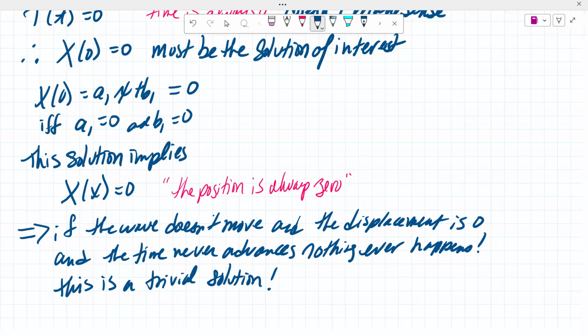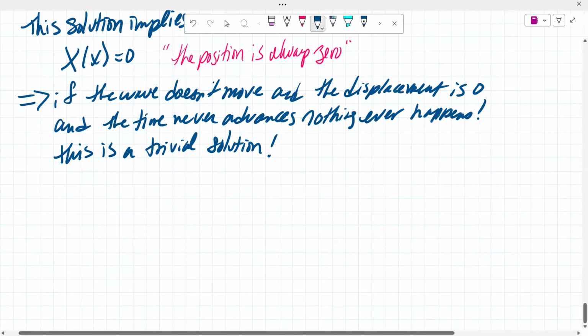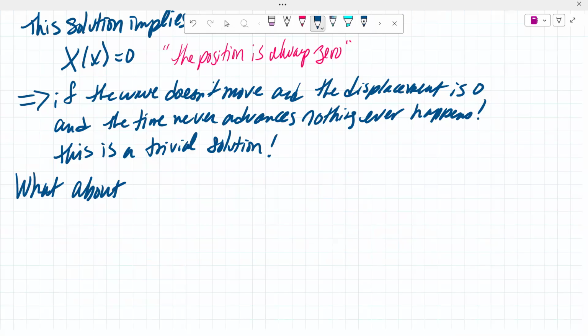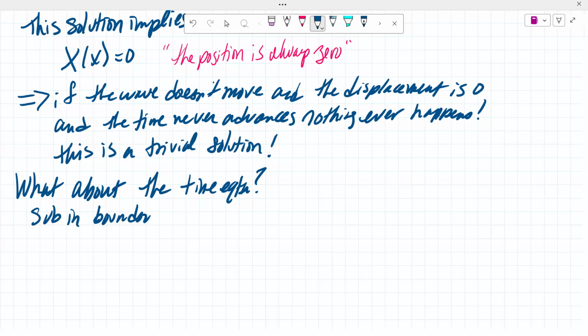What about the time equation? Remember, we've just done the position equation. There's also the time equation. So we could also do that. So we can substitute in the boundary conditions to the time equation.